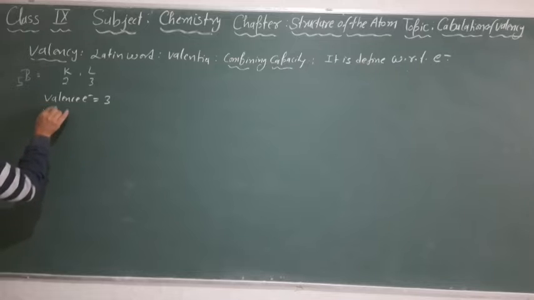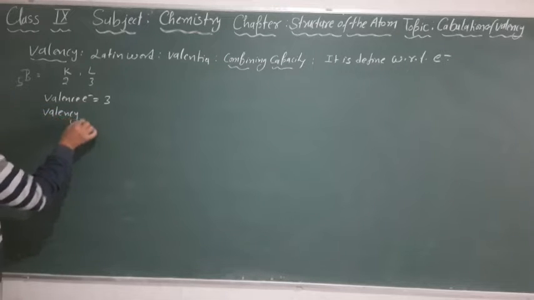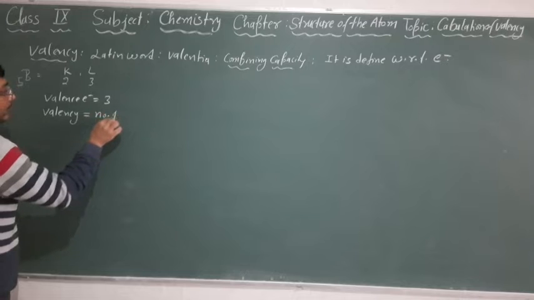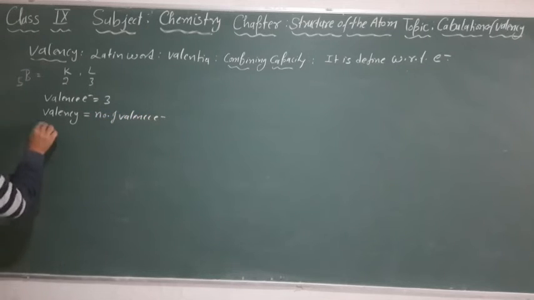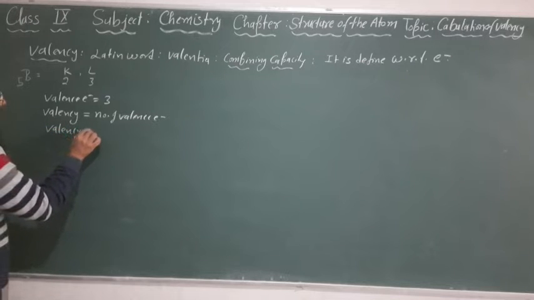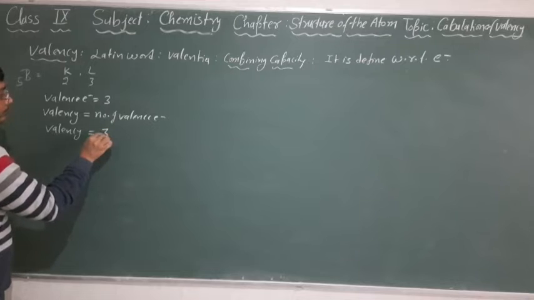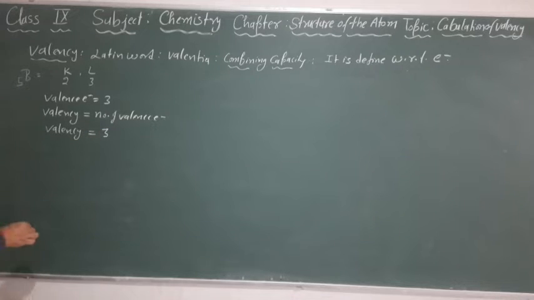So valency is equal to the number of valence electrons. So valency will equal 3, right?